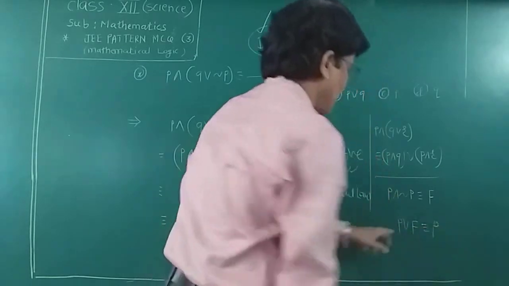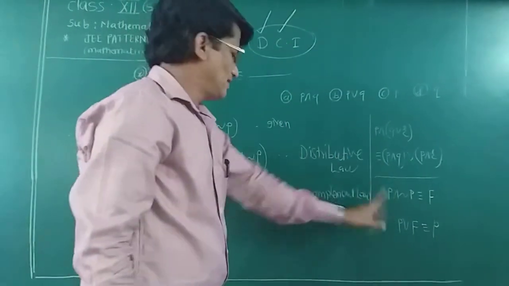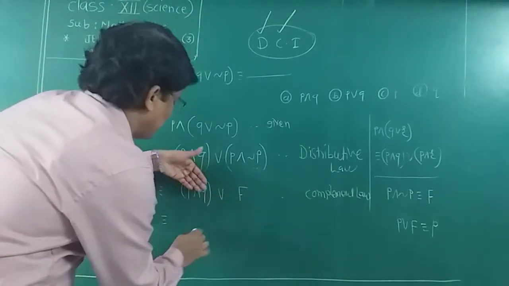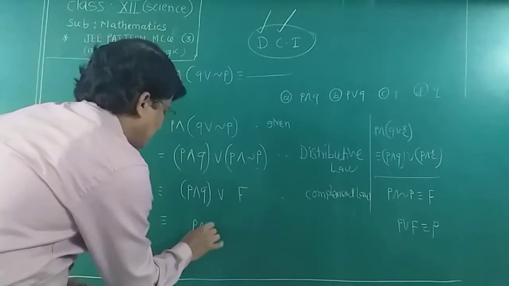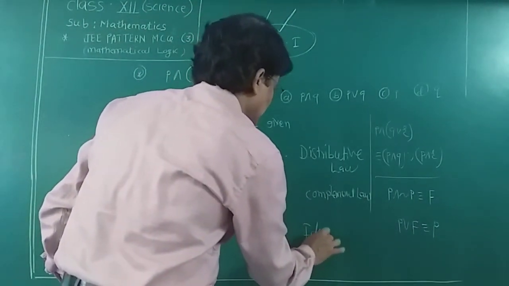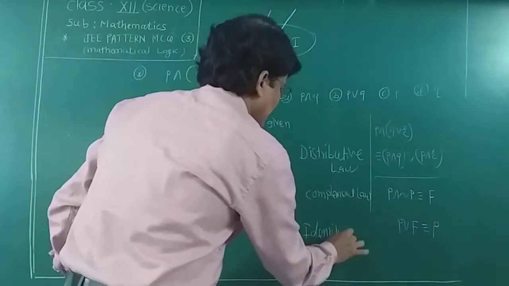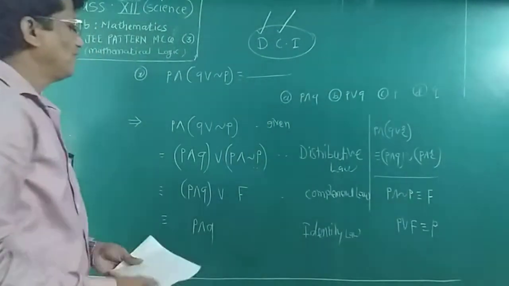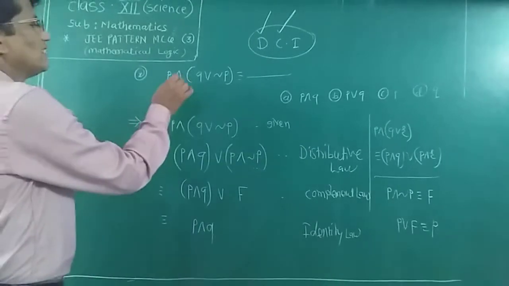It is P. This is the identity law. So we can use it here: the answer is only P and Q, and this is the identity law.